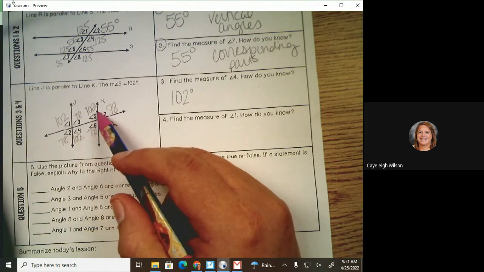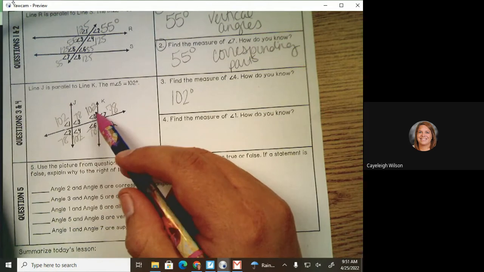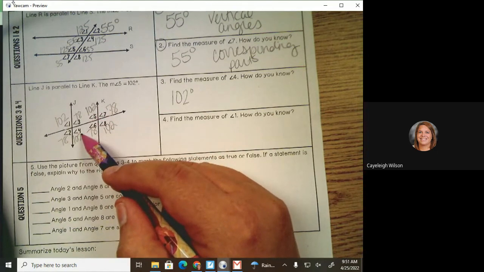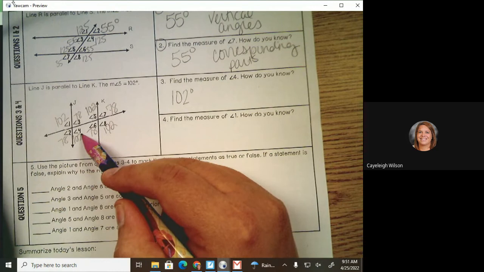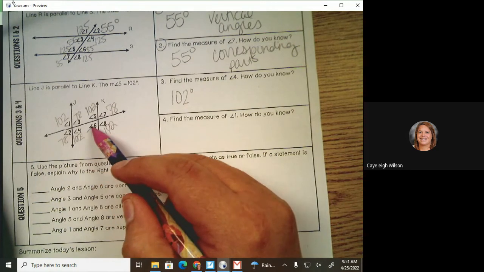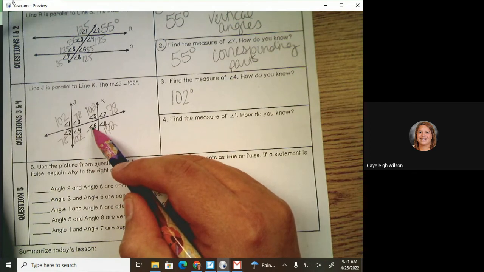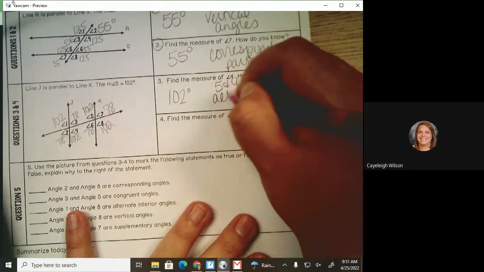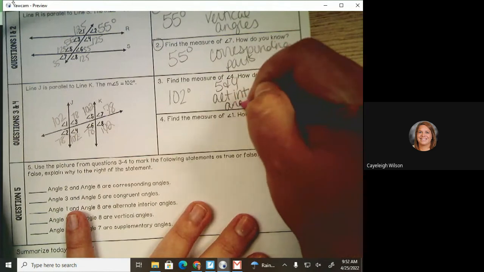I said on my paper, because angle 5 and angle 4 are alternate interior angles. Or you could say because angle 4 and angle 6 are on a straight line, you know that angle 4 is 102. Okay. Any of those would work perfect.